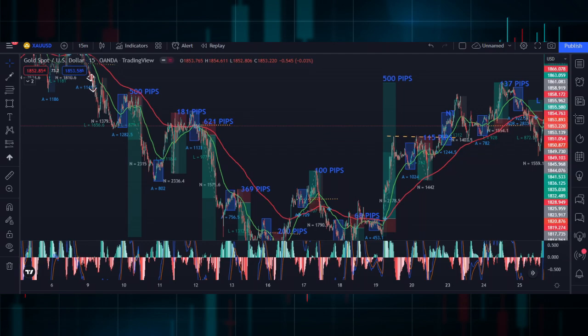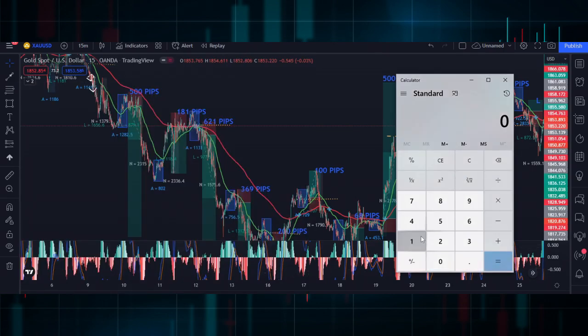So out of 14 trades, 10 of them were winners. So our win rate on gold is 71.4%. That's our win rate.